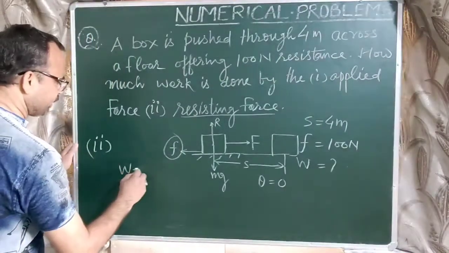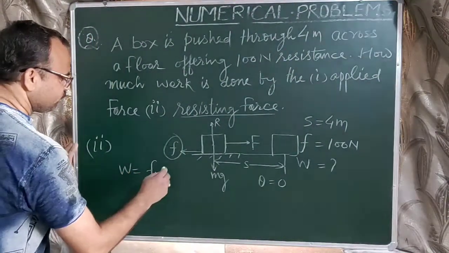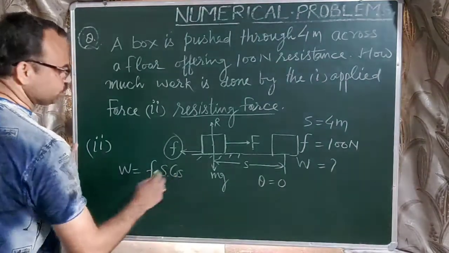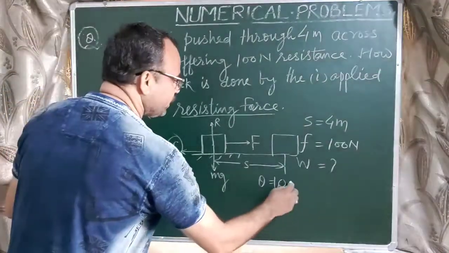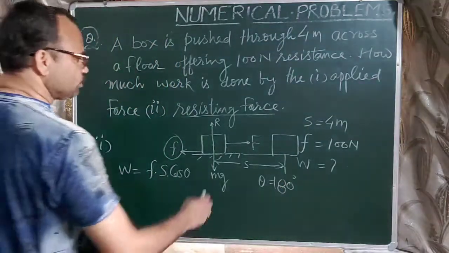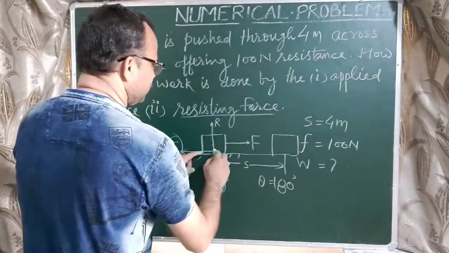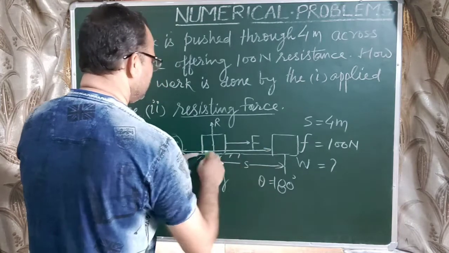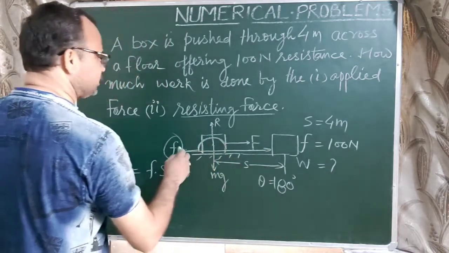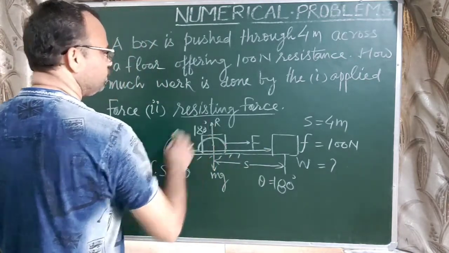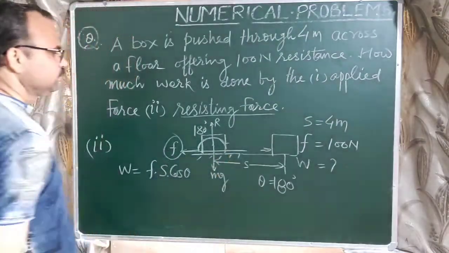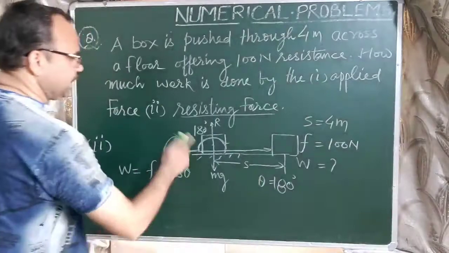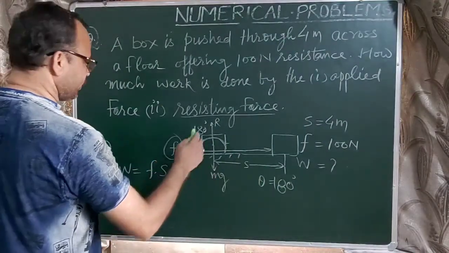As we know, F into S into cos theta, so here theta is 180 degrees because displacement is in this direction and force is acting in this direction, so the angle between them is 180. The angle between frictional force and displacement is 180.